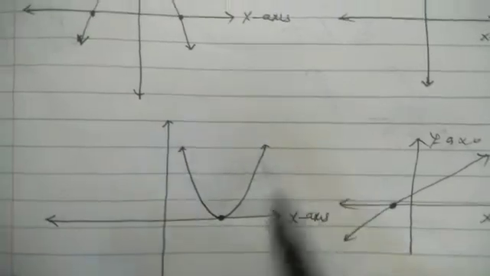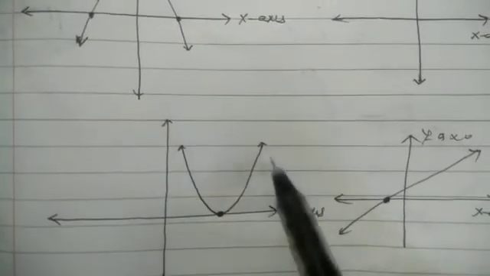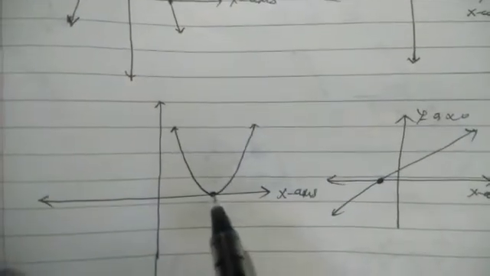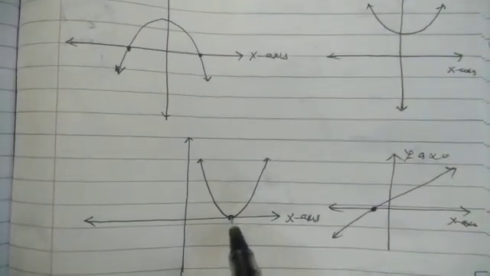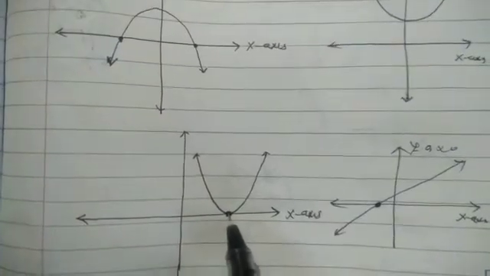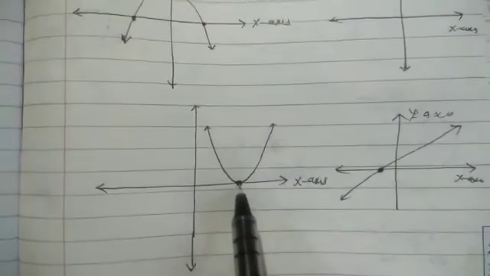This is a quadratic polynomial. If there is a curve, then this can be a quadratic polynomial. But you know quadratic polynomial has 2 zeros. Then why it intersect at 1 point? It means this quadratic polynomial has repeated zeros.